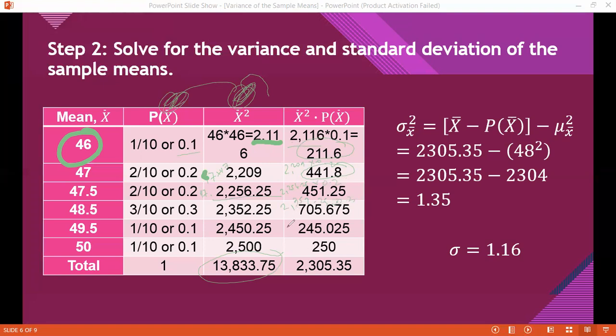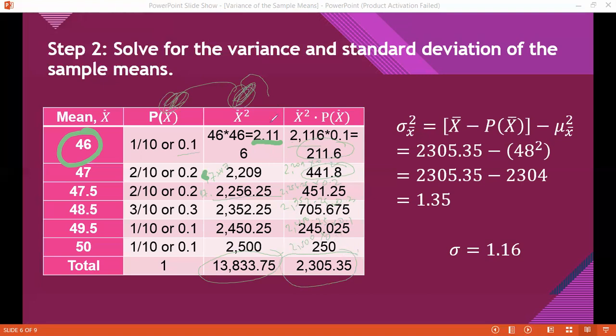Next, 2,450.25 times 0.1, the answer is 245.025. And then you have 2,500 times 0.1, you now have 250. Get the total, you have 2,305.35.